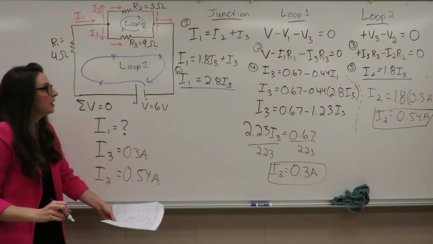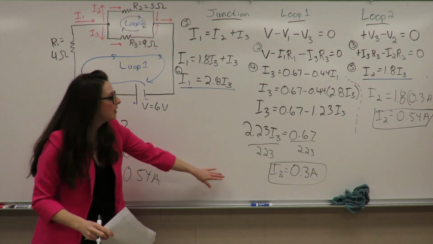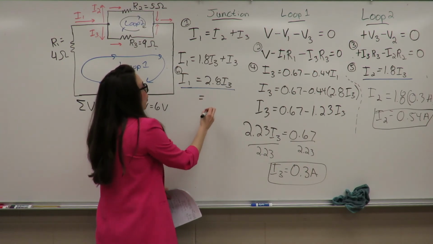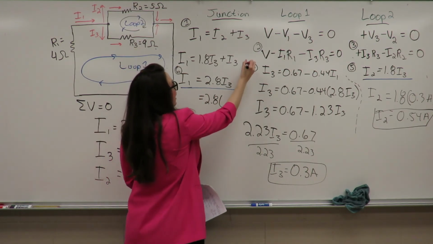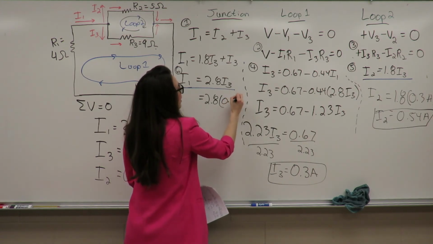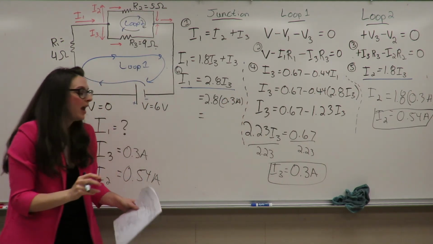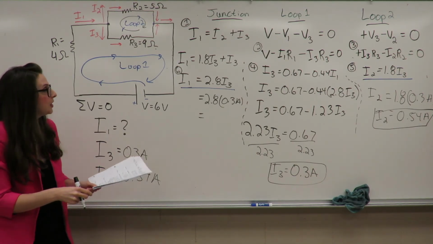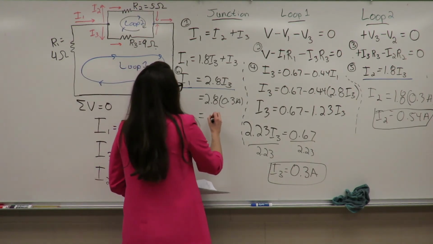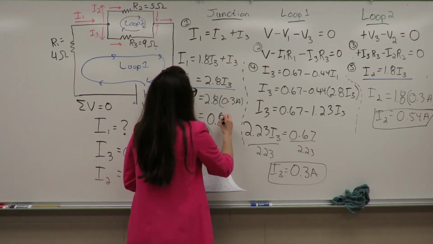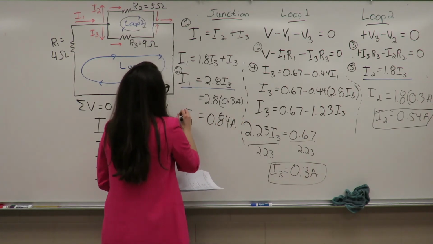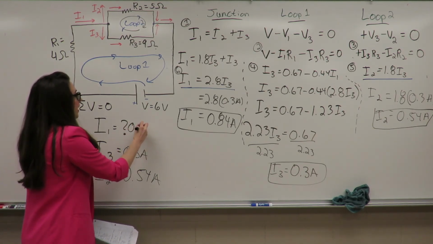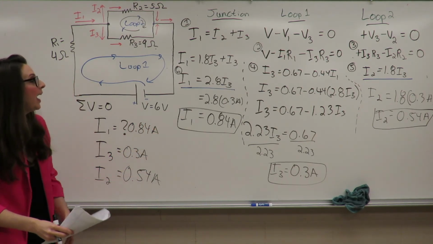Now for I1, I can take my value for I3 and plug it in here. So I1 is equal to 2.8 times 0.3 amperes. So 2.8 times 0.3 gives us 0.84 amperes. So I1, finally, is 0.84 amperes.